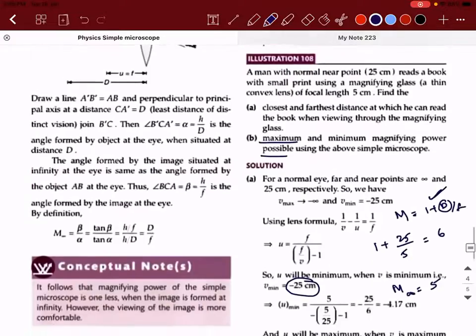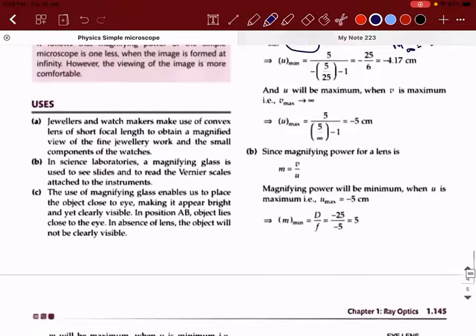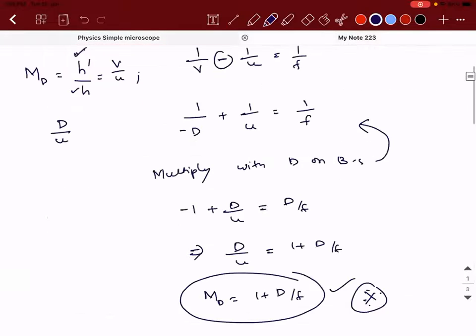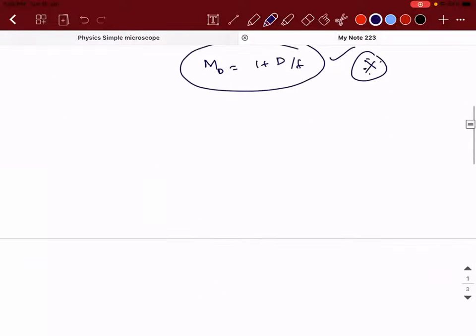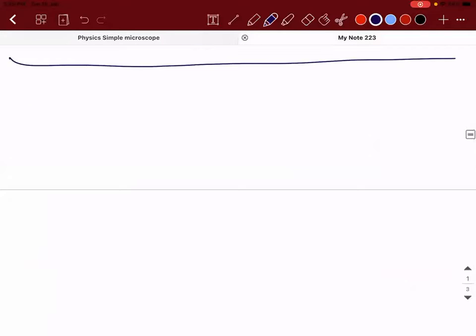So this is all about a simple microscope. Just to summarize, can you tell me what are all the steps you need to remember? Let's summarize whatever we saw today. First you need to know what is visual angle. Once you know visual angle, you need to know what is magnifying power.